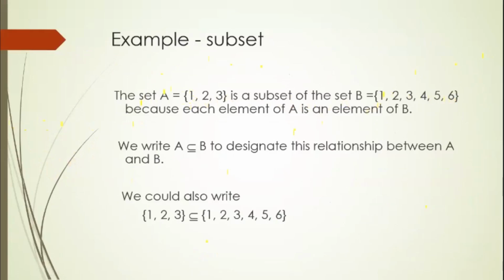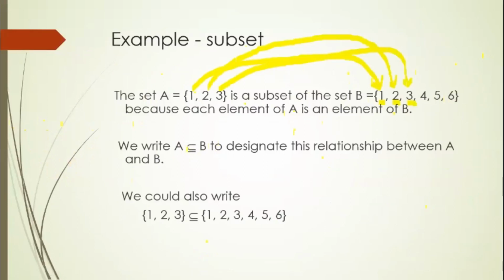We can say that A is a subset of B because each element of A, for example 1, can be found in set B. 2 in A can be found in set B. Number 3 in A can be found also in set B. So if that is the case, we can say that A is a subset of B.